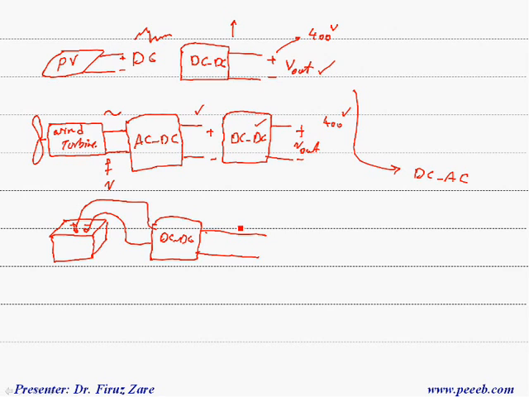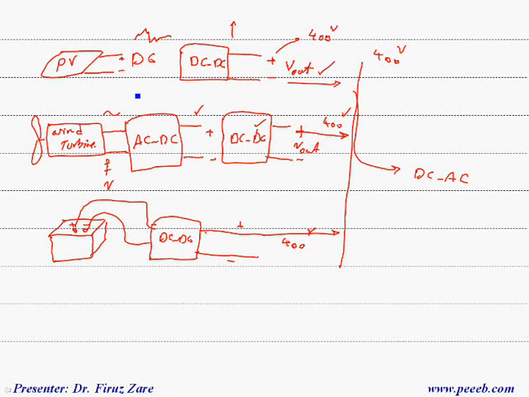So here we can regulate the voltage and get 400 volts. We can connect these outputs to this common DC bus, and this common DC bus is 400 volts.